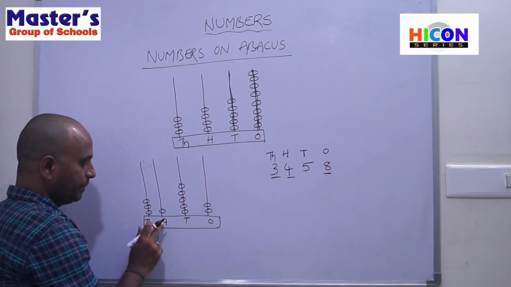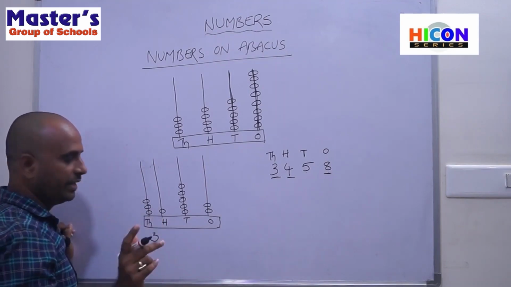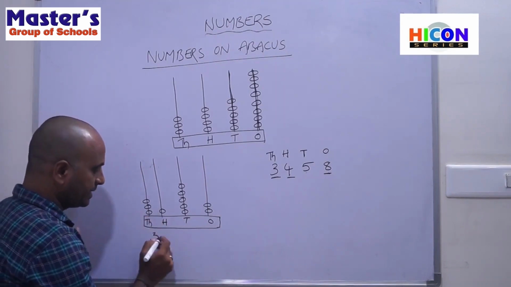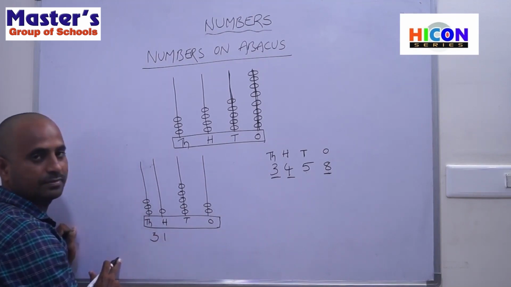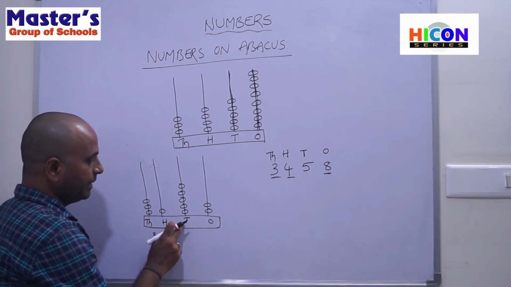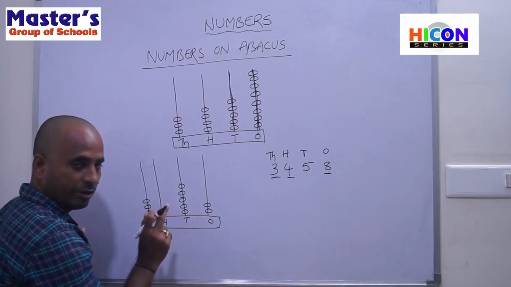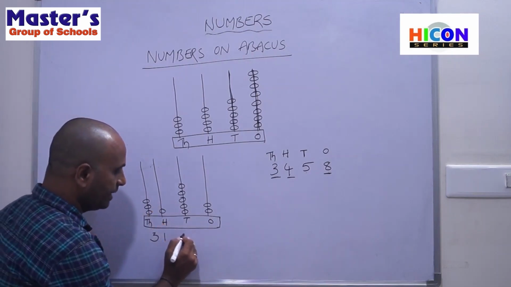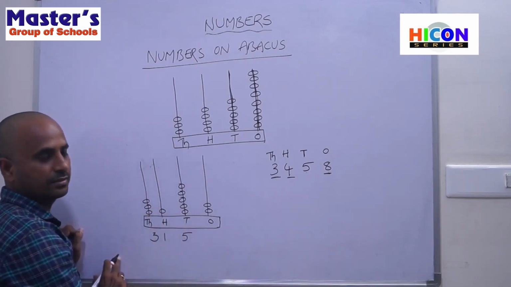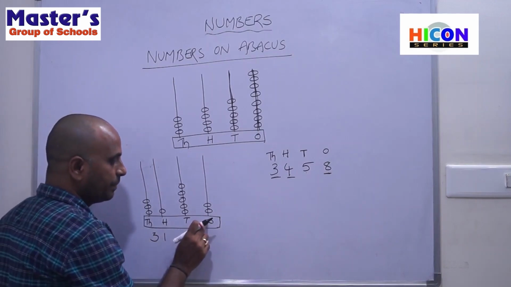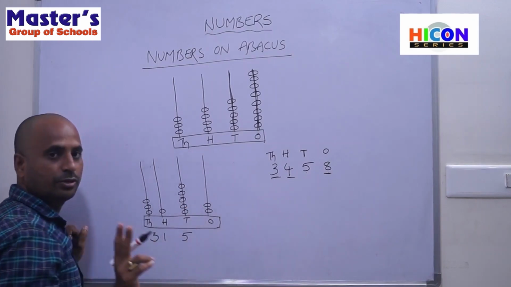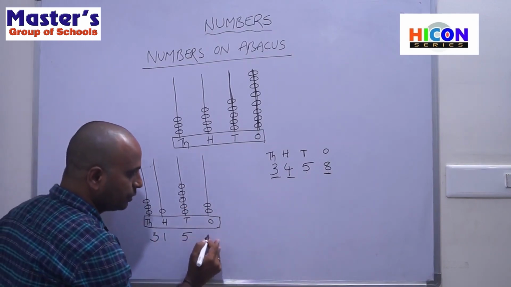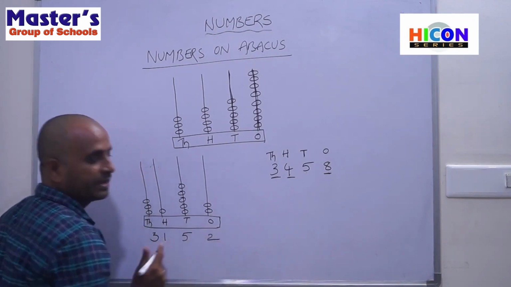And hundreds place stick contains 1 bead. That means 1 is present in hundreds place. And tens place stick contains 5 beads. That means 5 is present in tens place. And ones place stick contains 2 beads. That means 2 is present in ones place.